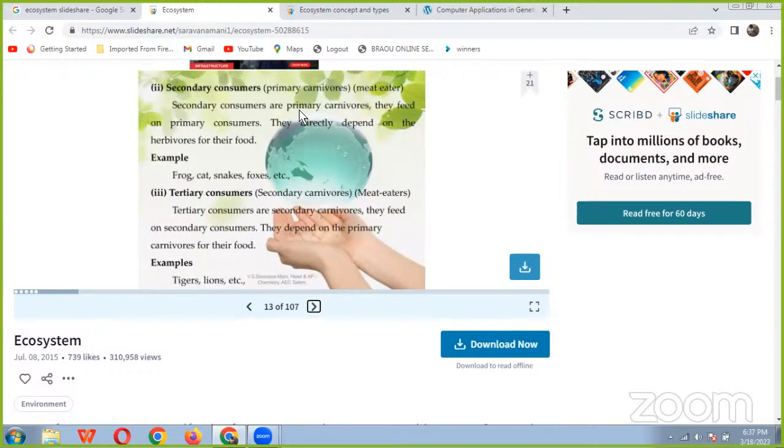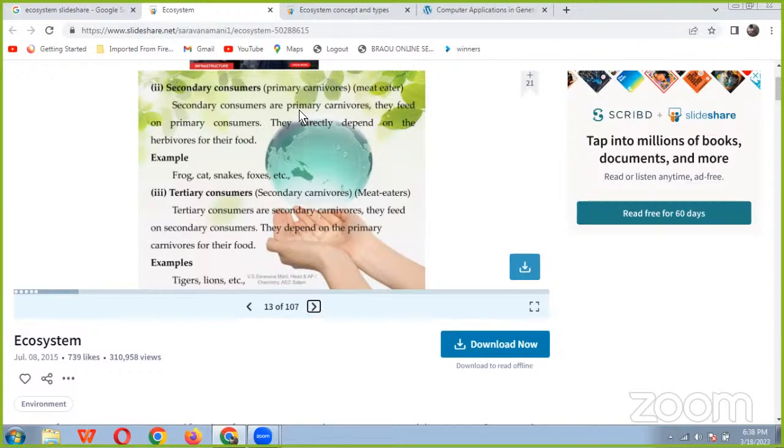Next one is the secondary consumers. They are also called primary carnivores, the meat eaters. Primary consumers are the herbivores, especially plant eaters, and the secondary consumers are the meat eaters, also called primary carnivores.